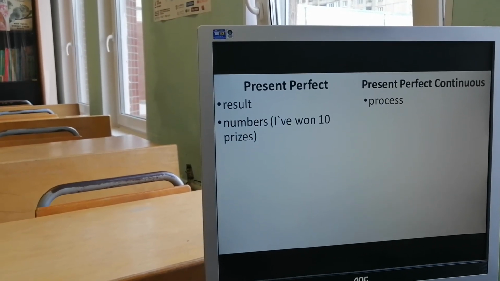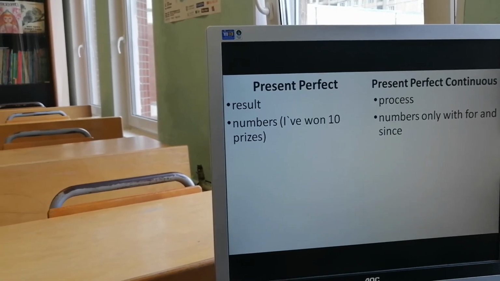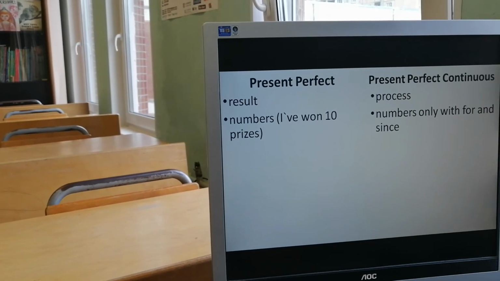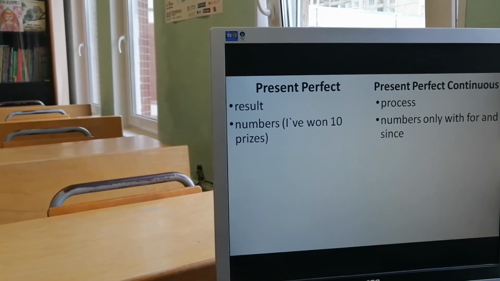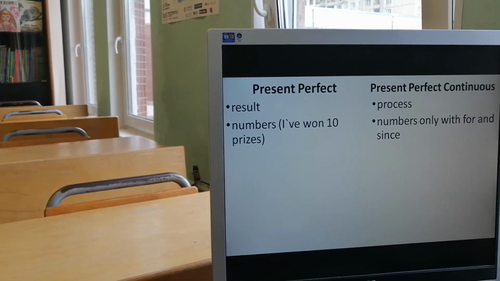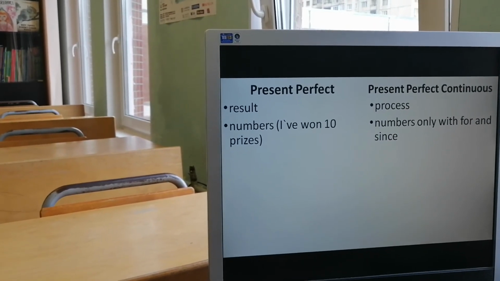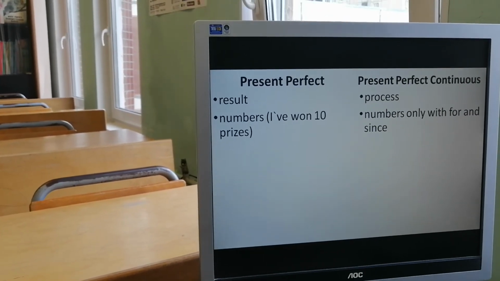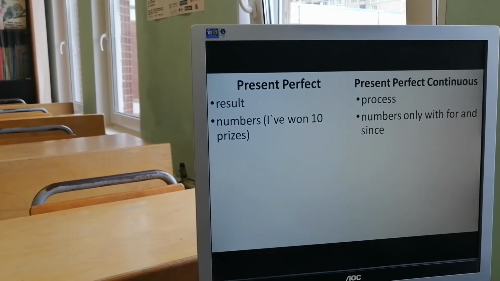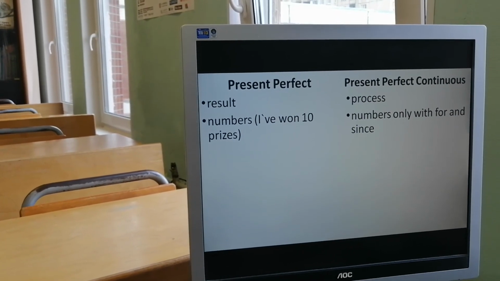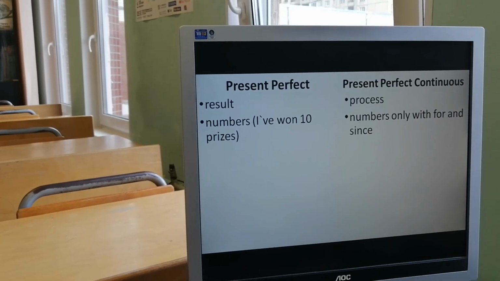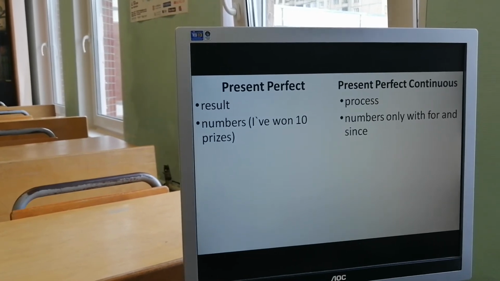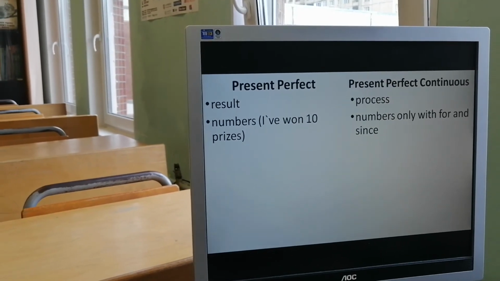One more difference is that when you use present perfect, you use numbers quite often. In sentences like, I've won 10 prizes, I've written 10 letters this week, and so on. And with present perfect continuous, normally we use numbers only with for and since. Like I have been living here for a week, she has been working in this school since 2010.